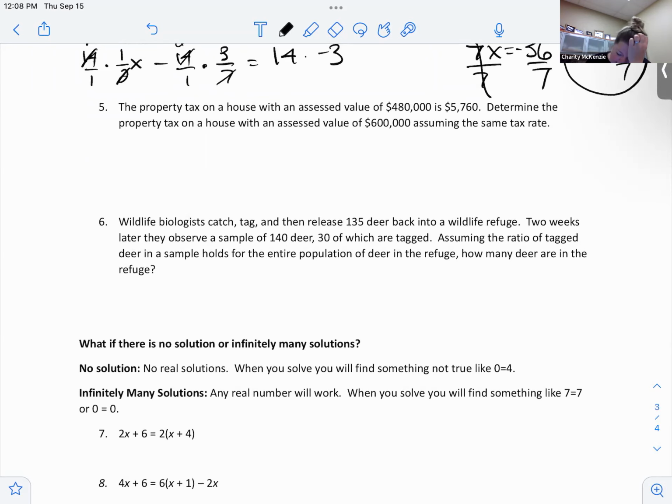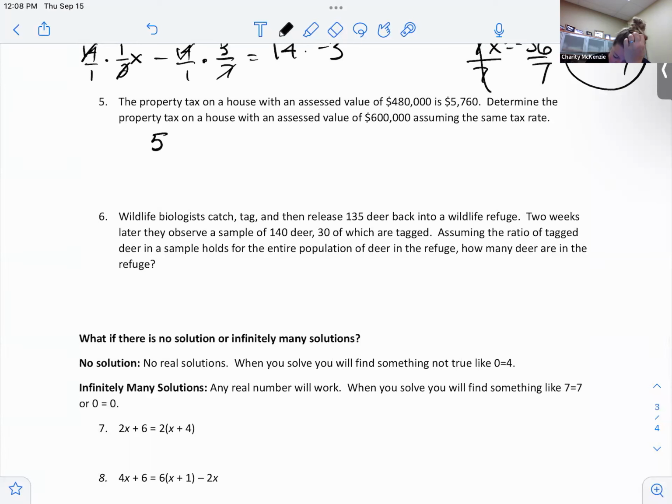So I know right now I have a tax of 5,760 for a house that's at 480,000 in value. And I know that I want the other one to equal 600,000 for the value, and we don't know this tax value here.